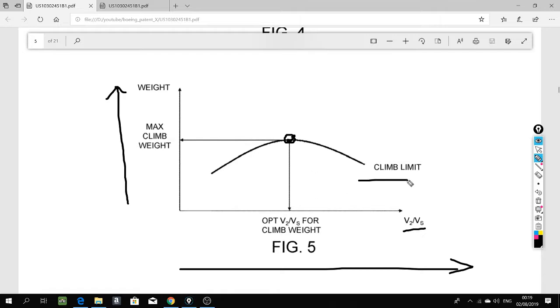So it has two limits, on the lower side of the V2 over VS ratio and the higher side of the V2 over VS ratio. Just convince yourself here that the optimum point lies in the middle. It's not on either end of this graph, right?